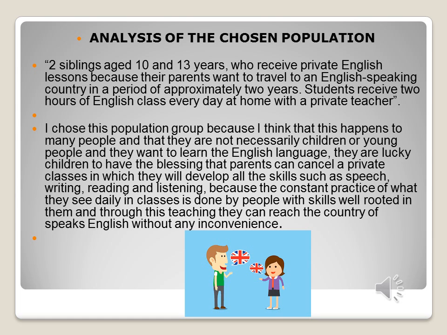Each student receives 2 hours of English class every day at home with private teachers. I chose this population group because I think this happens to many people, and they are not necessarily children or young people, and they want to learn the English language.